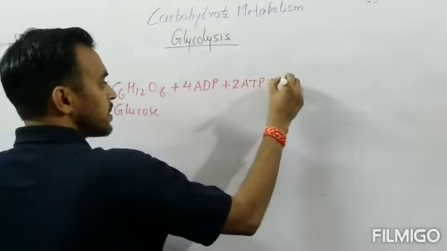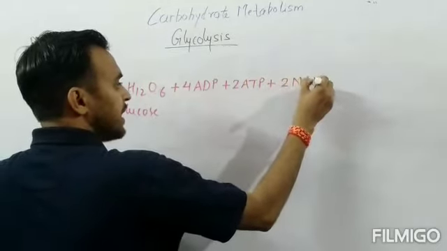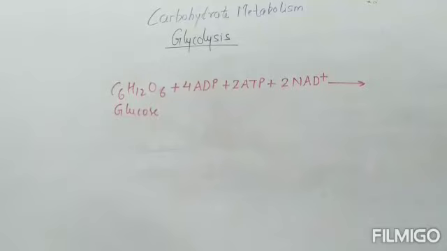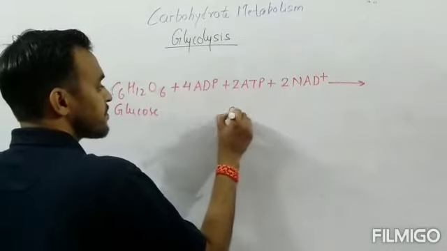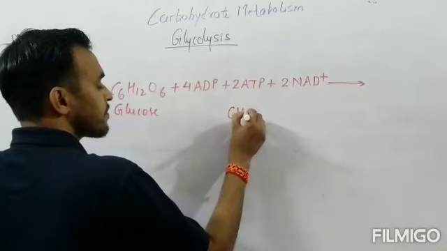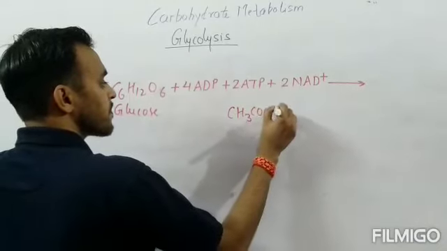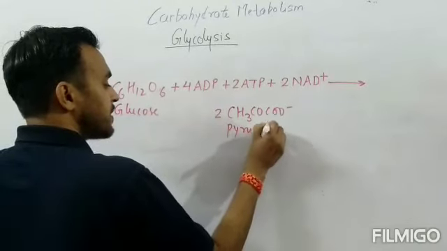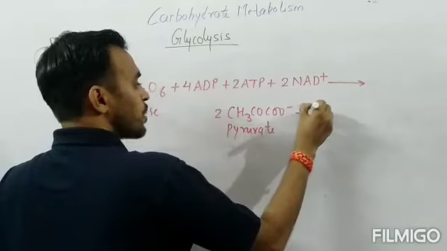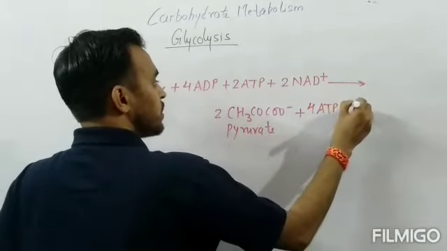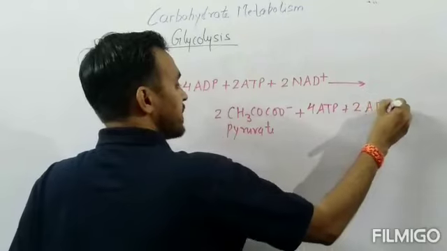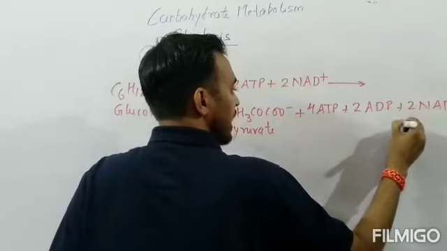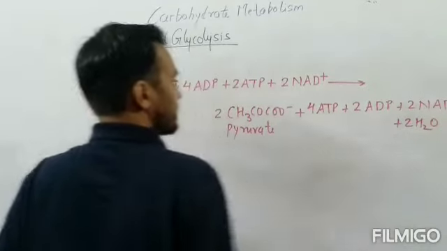We used 2 molecules of NAD positive, and we got 2 molecules of pyruvate, 4 molecules of ATP, 2 molecules of ADP, 2 molecules of NADH plus H positive, and 2 molecules of water.